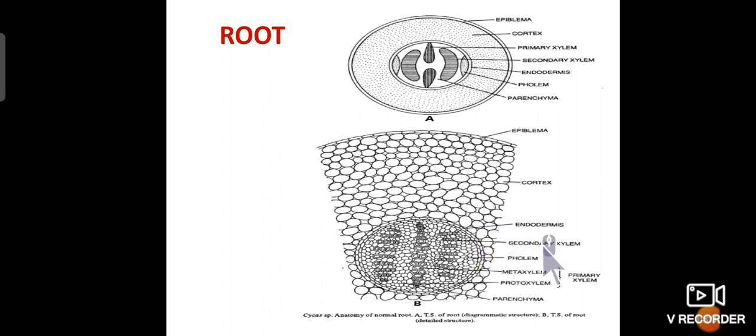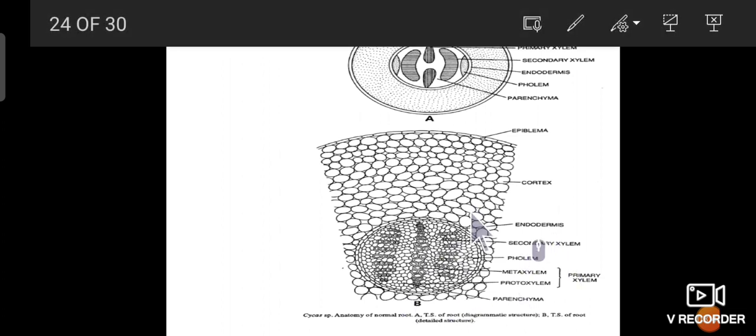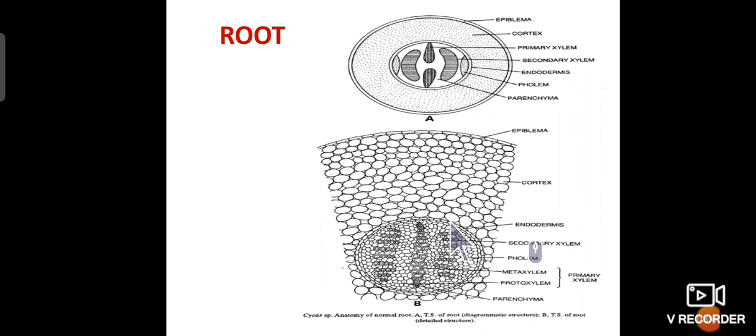The first layer here is the endodermis. As you can see in this picture, the endodermis is a single layer, and it is also distinct. The cells possess characteristic Casparian thickenings.